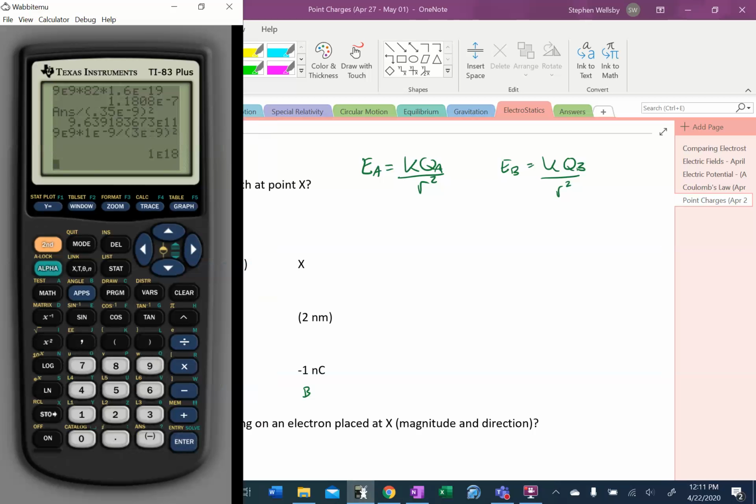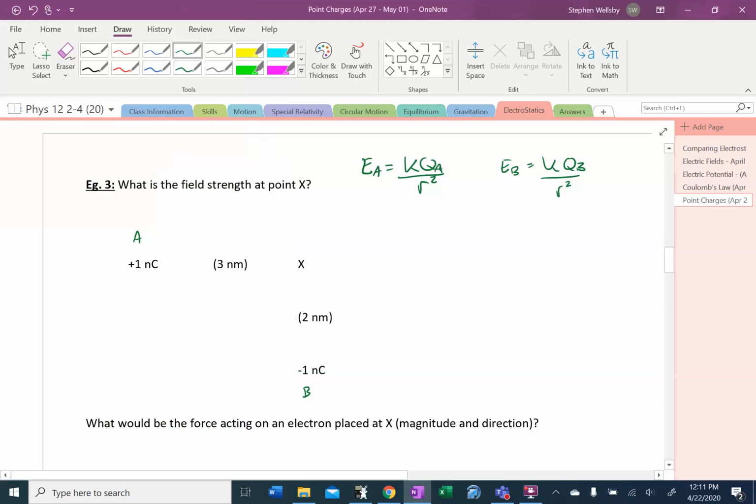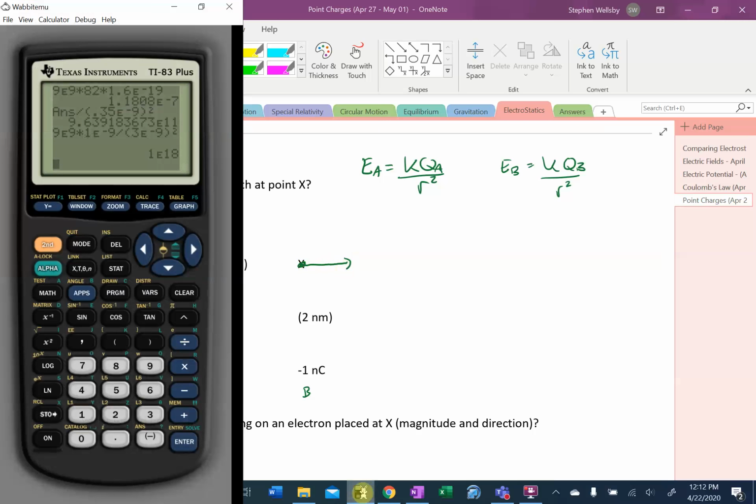And that's going to give us a field of 1 times 10 to the 18. Now what is the direction of the field from A at this point here? Well, this is a positive charge. We know that field represents where another positive charge would go if you put it here. If I put a positive charge here, it would move in this direction here. And so that's going to give me a field strength of 1 times 10 to the 18 newtons per coulomb.